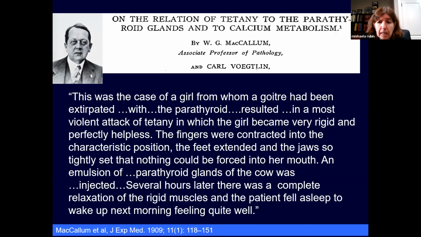And in a desperate measure, they injected some parathyroid gland mixture from a cow. And several hours later, the tetany resolved and she woke up feeling quite well. So this, I think, was the first glimmerings of hope that we could replace the hormone that was missing.